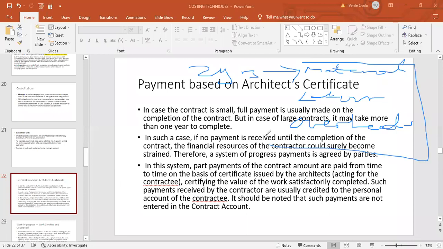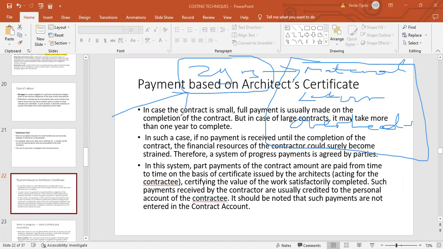You are paying for these expenses. So it would be unfair for the client to say that they will only pay you when you have completed the work. It would be unfair to the company because they would be strained financially.